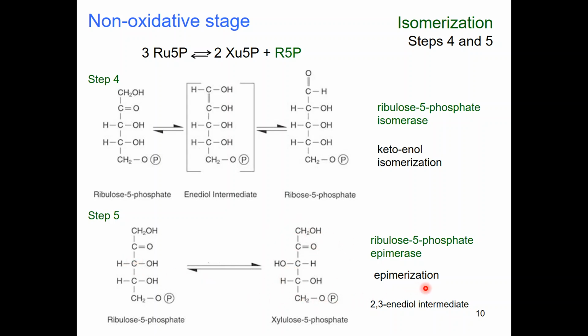And this epimerization process is catalyzed by a specific epimerase, and it proceeds through the formation of a 2,3-enediol intermediate. So here we have the 1,2-enediol intermediate. In step 5, we'll have the 2,3-enediol.